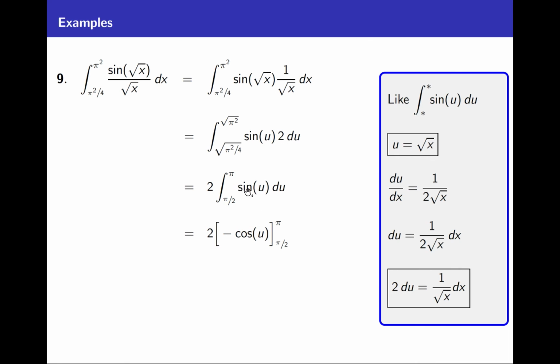Minus cosine being an antiderivative of sine, after all. Plugging those values in and turning the crank, we get this. Let's see, cosine pi is minus 1. Cosine pi over 2 is 0. So 2 times minus 1 minus 0. And that gives us an answer of 2.